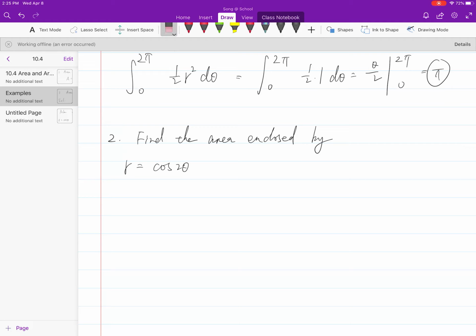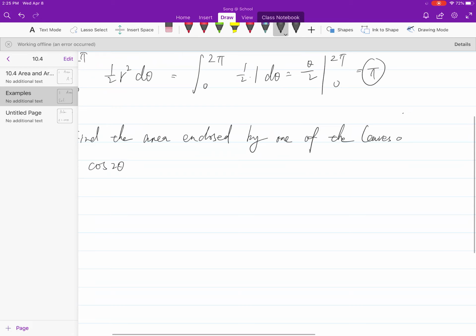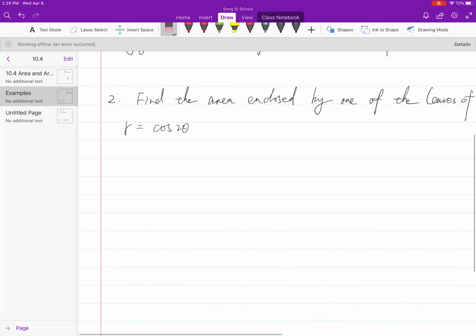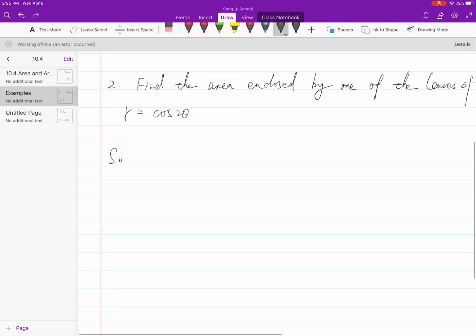We have 4 leaves, remember? Okay, solution. Let's draw it. If you haven't done so, again, pause the video, go back and try to draw it. Okay, all these 4 leaves should be identical.